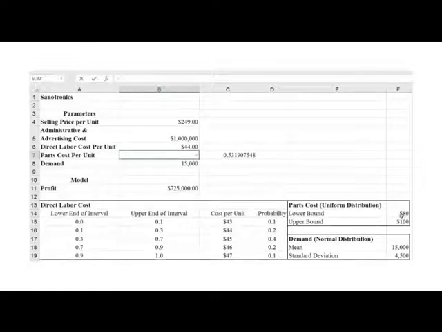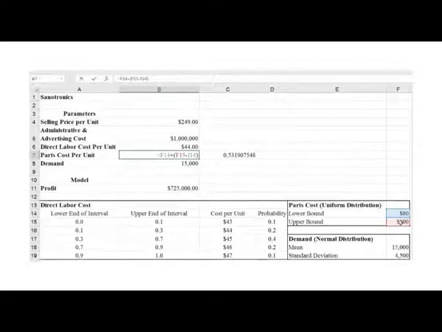To do so, we first replace the value of 90 with a formula. In this particular case, we entered the lower bound of $80 from cell F14 because we know the parts cost per unit will always be at least $80. And then we add the segment of the range. In this case, the range is F15, 100, minus F14, with a value of 80.